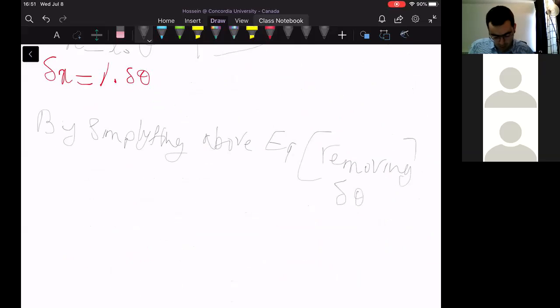Just divide both sides, right hand side and left hand side, by delta theta.